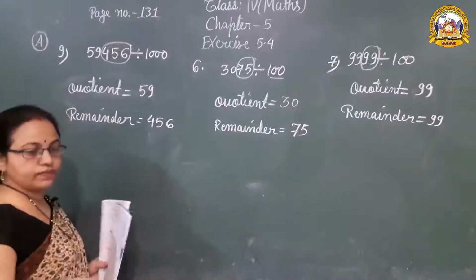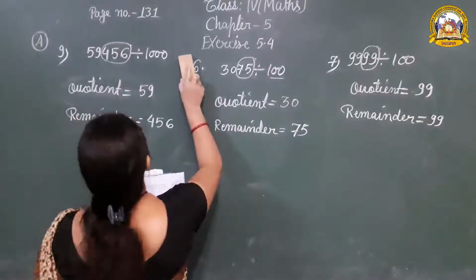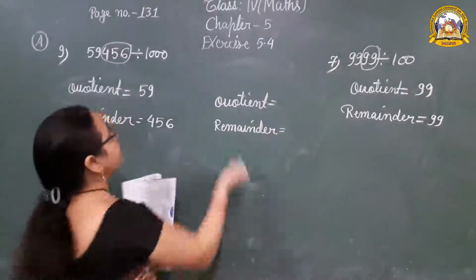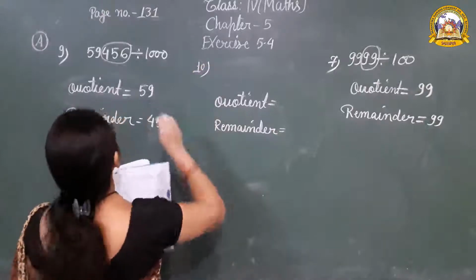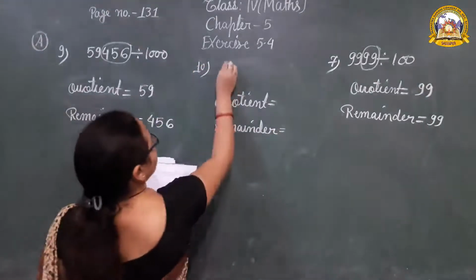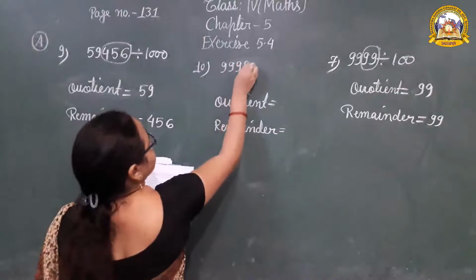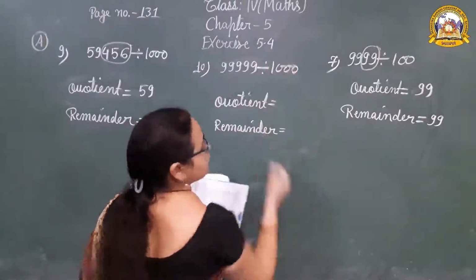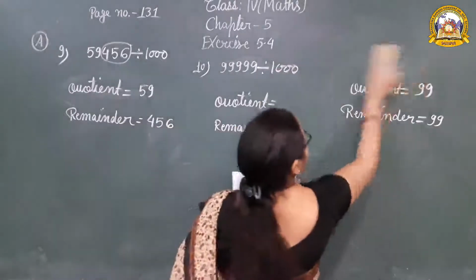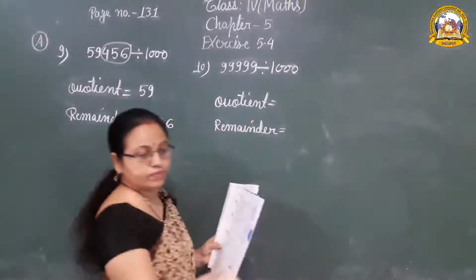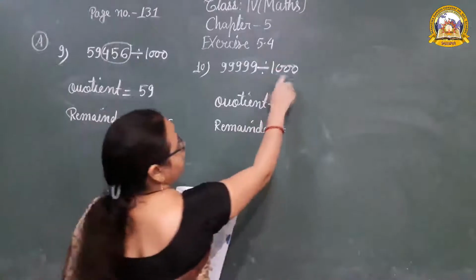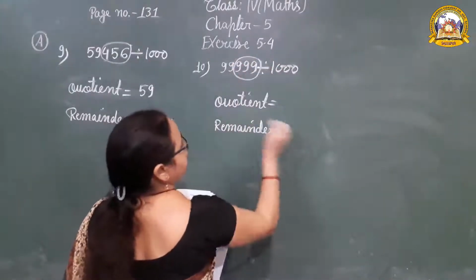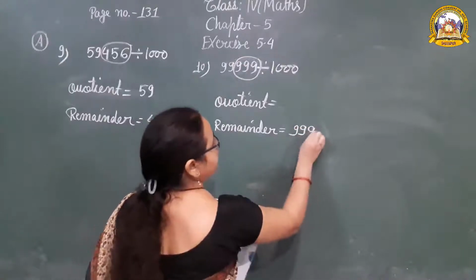Then next one, question number 10. 5 times 9 divided by 1000. 3 zeros, that is why we take 3 digits. It is a remainder.